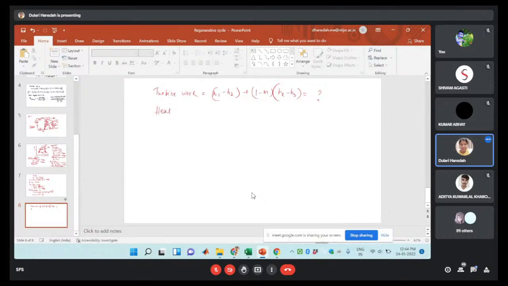Then heat supplied. Heat supplied is how much?